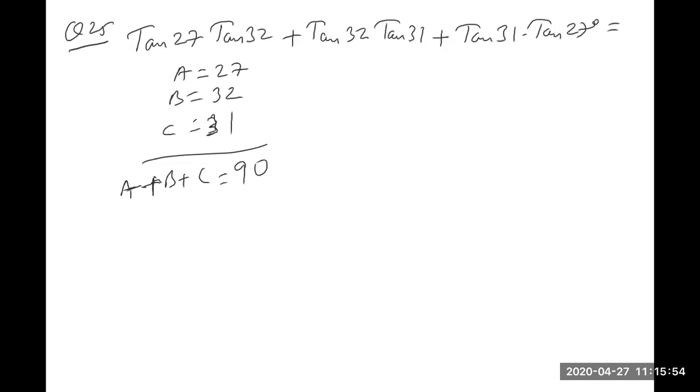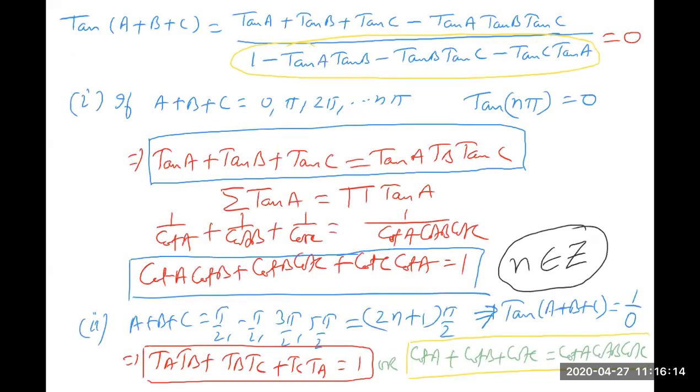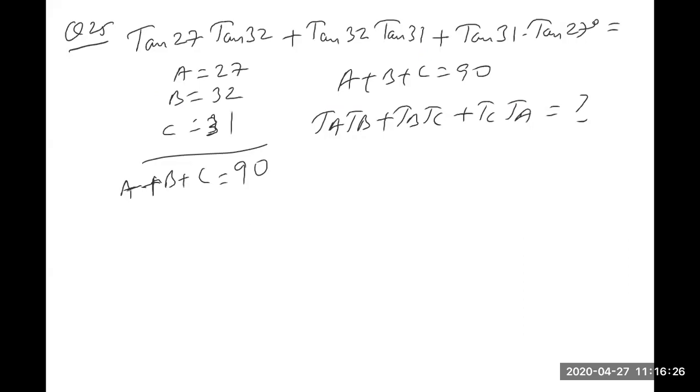That means the question is in the form: if A plus B plus C is equal to 90, what is the value of tan A tan B plus tan B tan C plus tan C tan A? This is a direct formula: if A plus B plus C is equal to 90 degrees, then tan A tan B plus tan B tan C plus tan C tan A is equal to 1. So the answer will be 1.